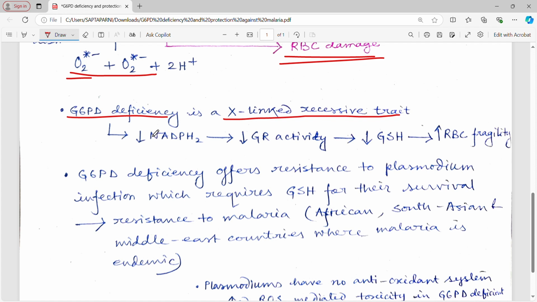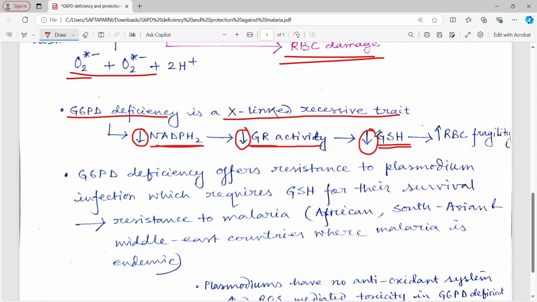As a result, the level of NADPH2 in their body is also reduced. Okay, and if the NADPH2 level is decreased, what will happen? The activity of glutathione reductase will also decrease. Okay. When the action of glutathione reductase is decreased, obviously the amount of reduced glutathione formation is also decreased.